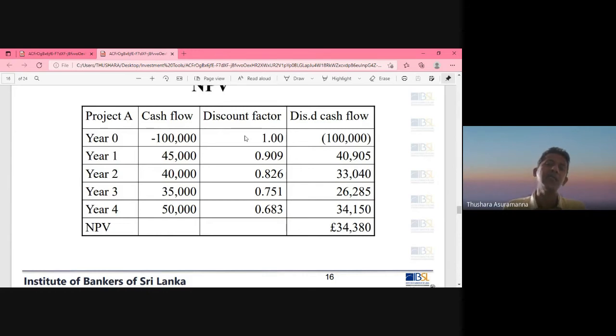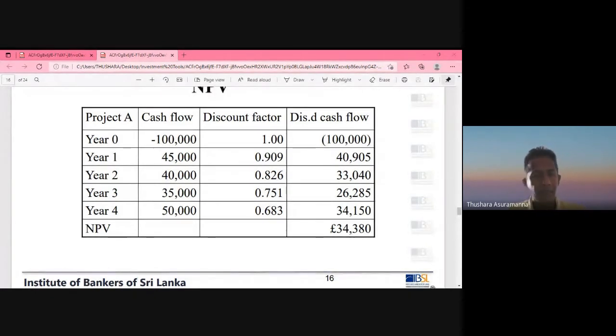For the second year, you have 45,000 on top, divided by 1 plus r to the power n, that's 1 plus 0.1. So we don't have any such segregation when you are comfortable, but for understanding purposes, the discounting factor is 1 divided by 1 plus r to the power n, multiplied by the net cash flow relevant to the particular year. Thank you, sir. Any other questions?